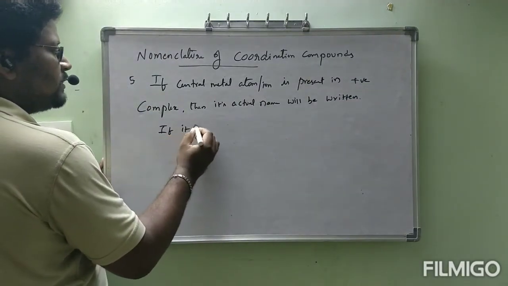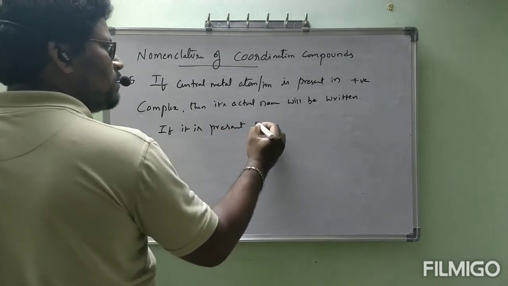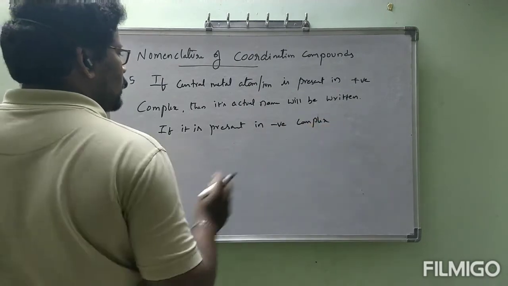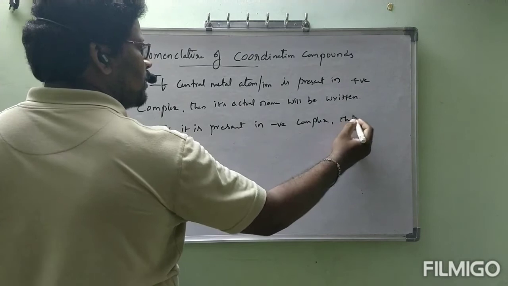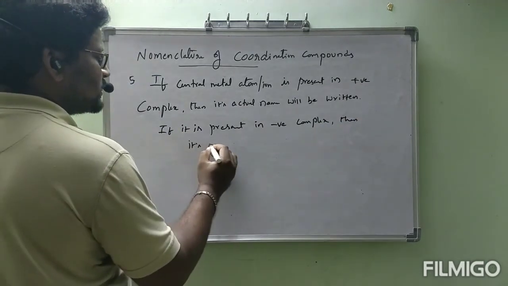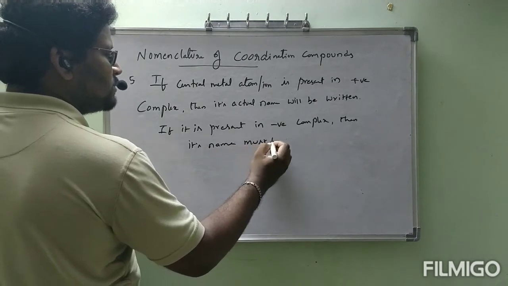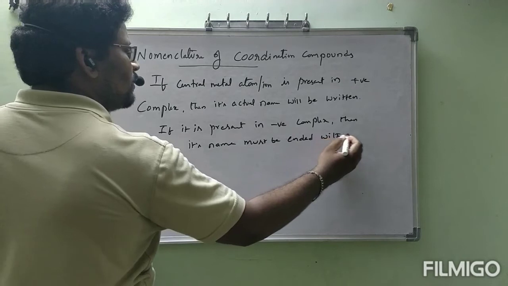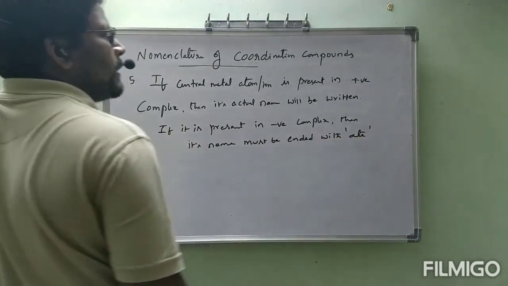If it is present in a negative complex, then its name must end with -ate.